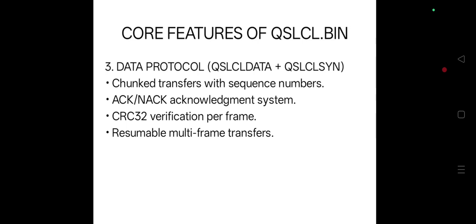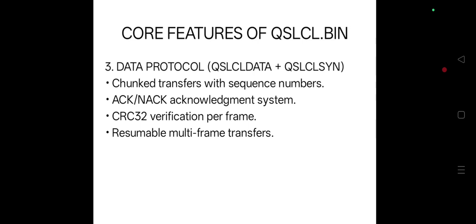Next, this is the data protocol that qslcl.bin has, with headers called QSLCLDATA and QSLCLSYN, which is for synchronization. My data protocol has chunk transfers with sequence numbers, an ACK or NAK acknowledgement system, and CRC32 verification per frame.